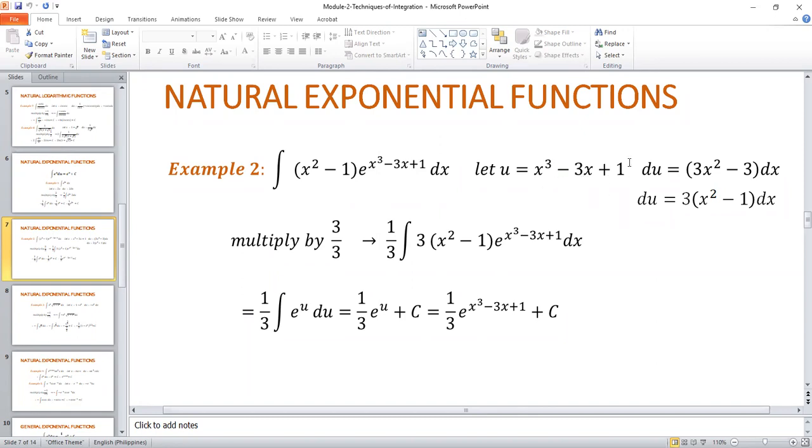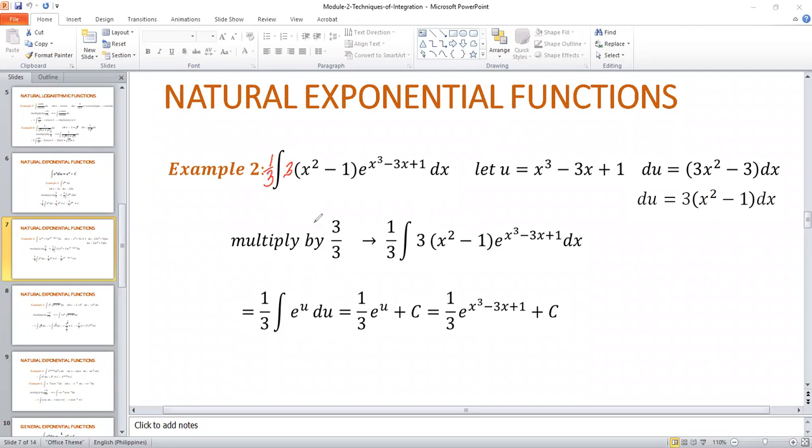How do you differentiate this? This is 3x squared minus 3. 3 is common, so it's factorable. So it's 3 times the quantity x squared minus 1. So see, this algebraic expression that was multiplied together with this exponential function is actually the derivative of its argument. It only lacks the 3. And you need, of course, 1/3 here.